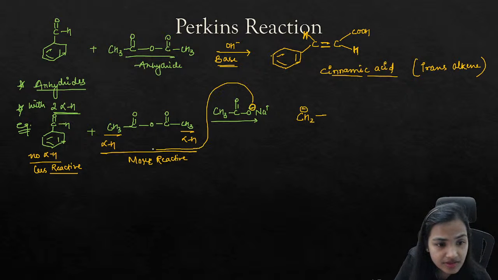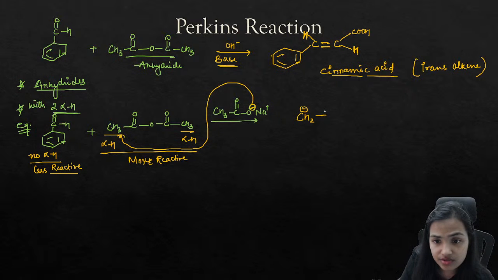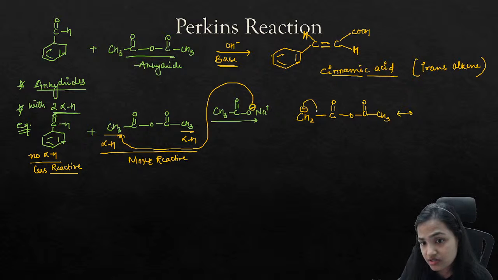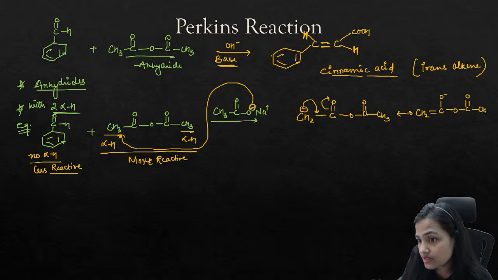Let's say this has pulled the alpha hydrogen: CH2 negative, C double bond O, O, C double bond O, CH3. If you form its resonating structure, you will get CH2 double bond C, O negative, O, C double bond O, CH3.